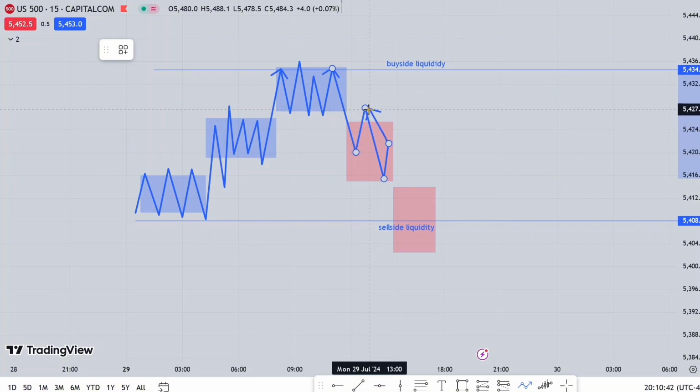that intermediate term high is the first stage distribution, and you would not want to see price trade above that first stage distribution when you are expecting lower prices for market maker sell models.